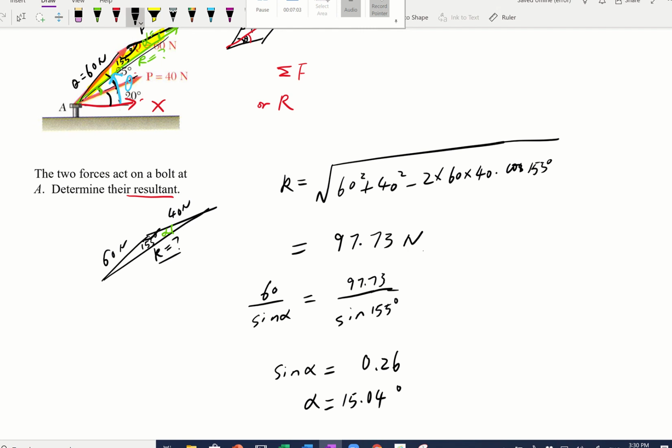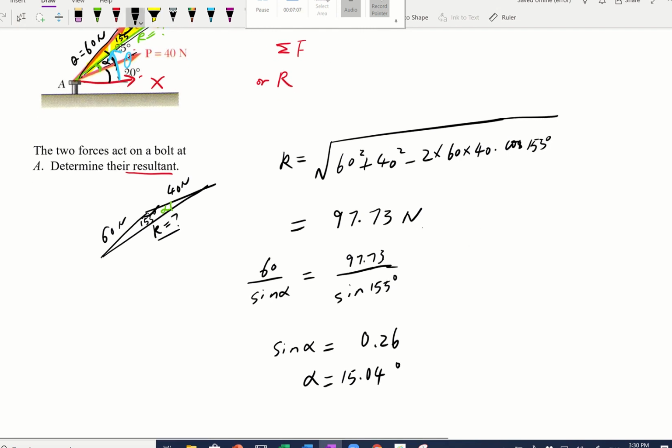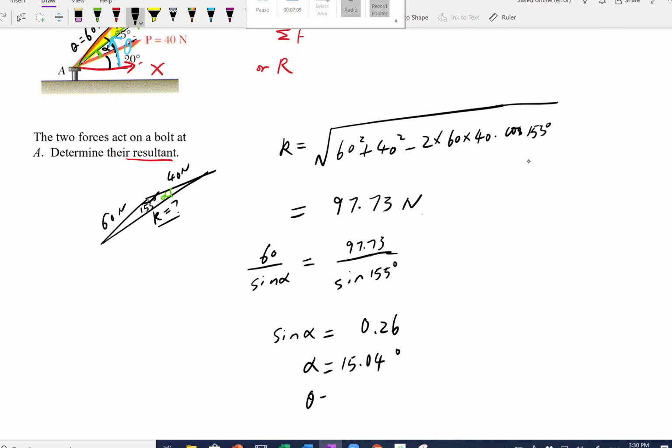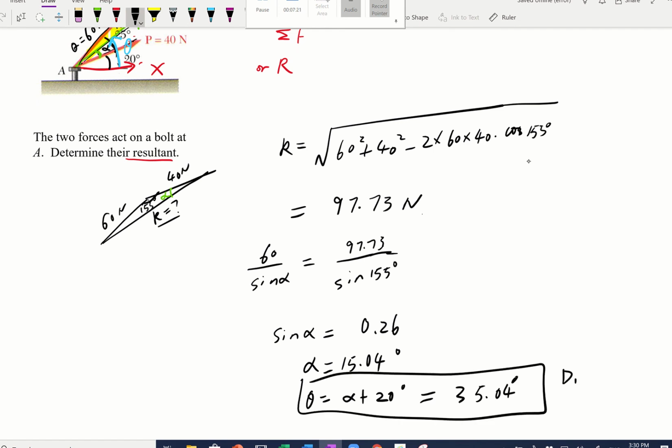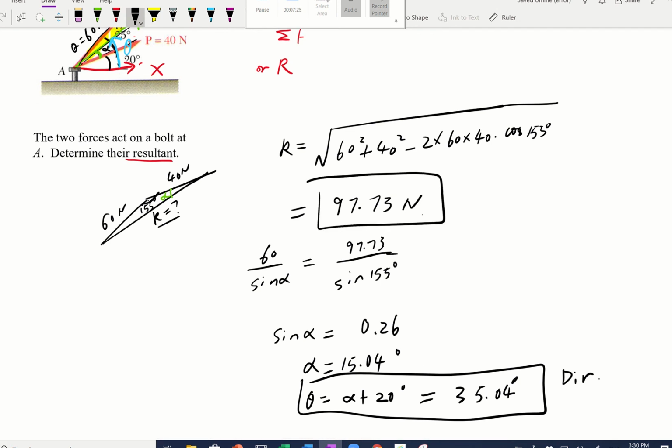Knowing alpha now, we can find the theta. Theta will be equal to alpha plus 20 degrees, which is given. Then the answer will be 35.04 degrees. That gives us the direction, and this gives us the magnitude.